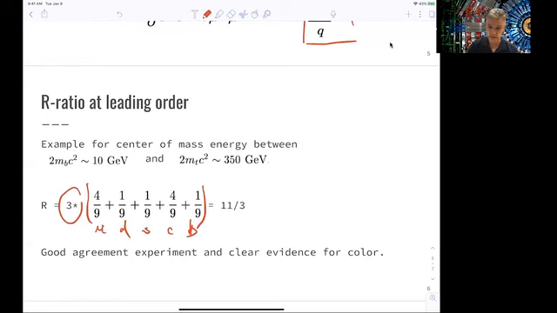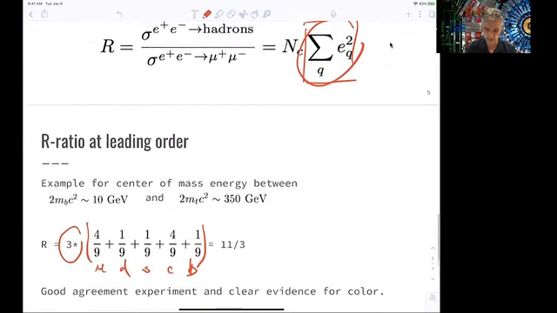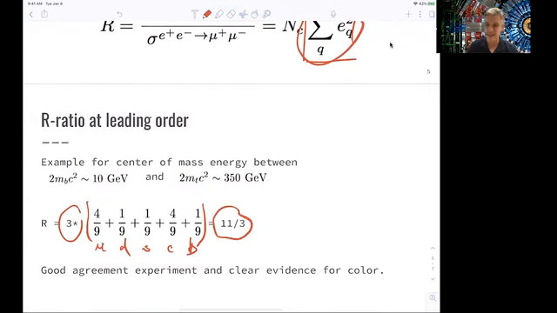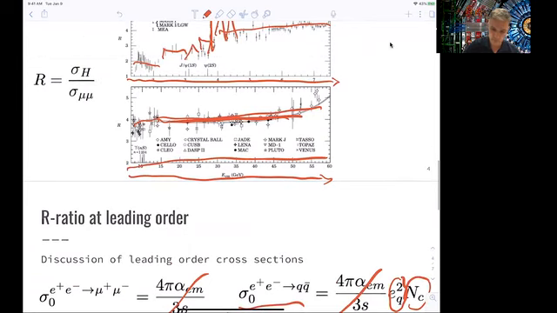Okay, so we built the sum here for all quarks which are kinematically available, and as an answer we get 11/3. So this is in very good agreement at leading order with the experimental results. 11/3 is almost 4.